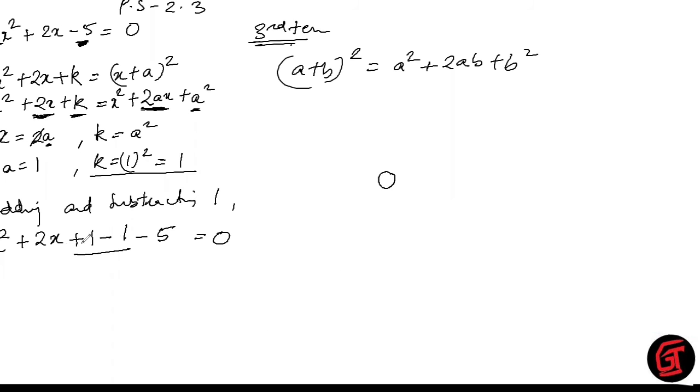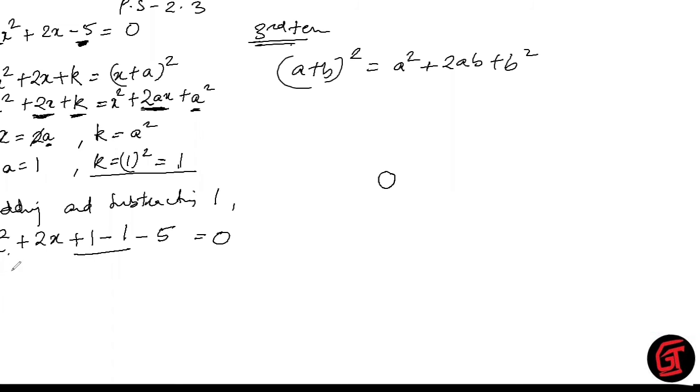Your equation remains as it was in the question: x square is there, 2x is there, minus 5 is also there, and I only added plus 1 minus 1, which is 0. Why am I doing this plus 1? To find our third term. We have assumed the third term is 1, but we still have to find it. So let's solve this now.